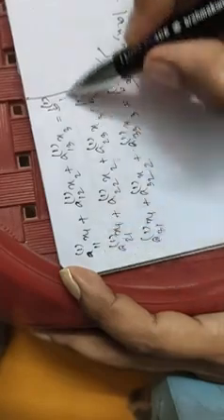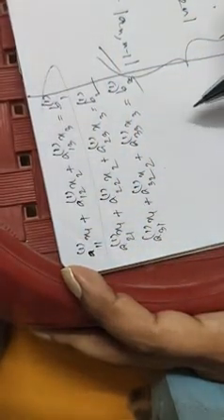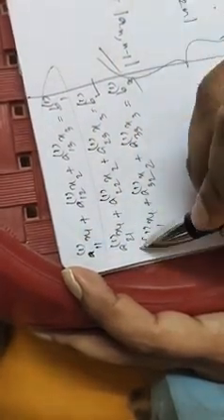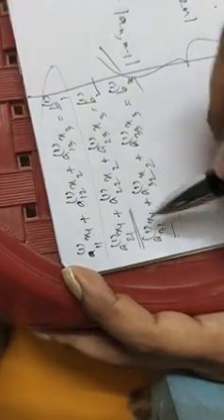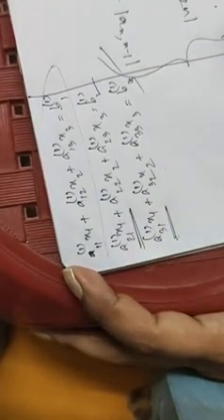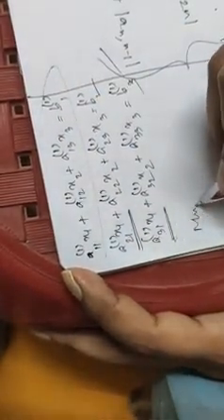Now we will take the first equation and multiply it so that this term and this term will vanish from the second and third equations.